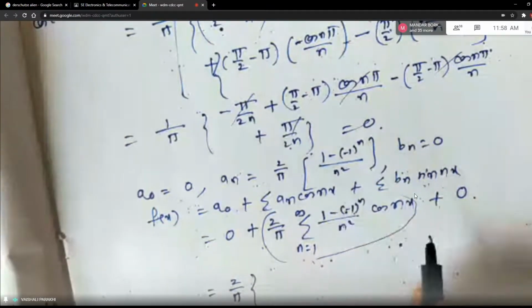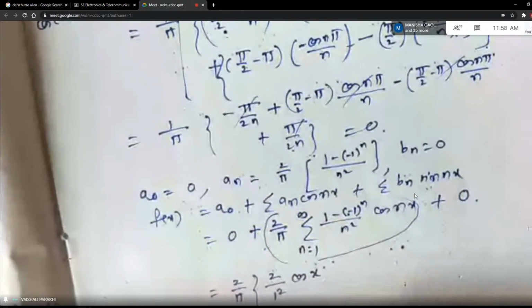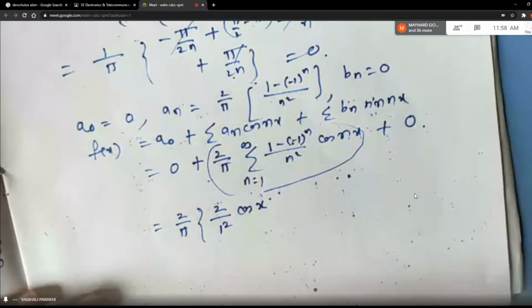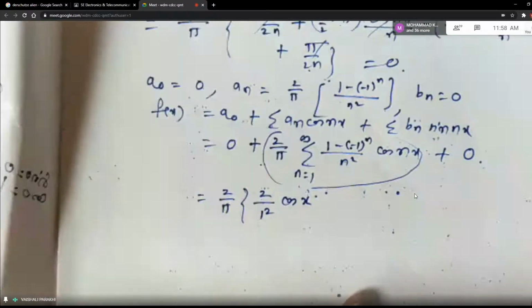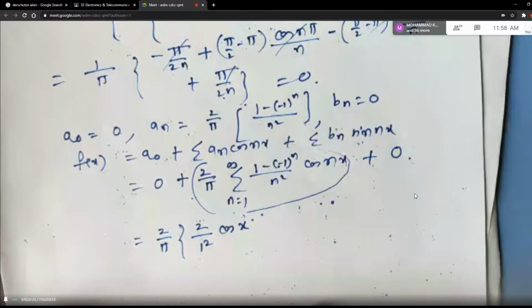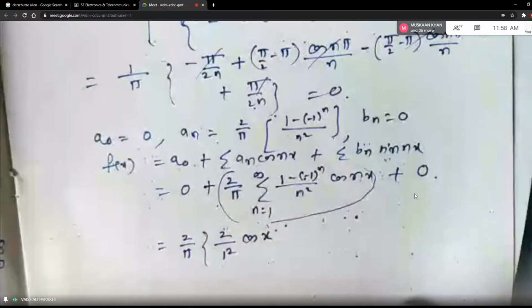Minus minus will become plus, so isn't it 2 by 1 square and cos of x? What I have done here is put n equal to 1. Should I explain that term again, students? Wait, I'll explain that step again for you.